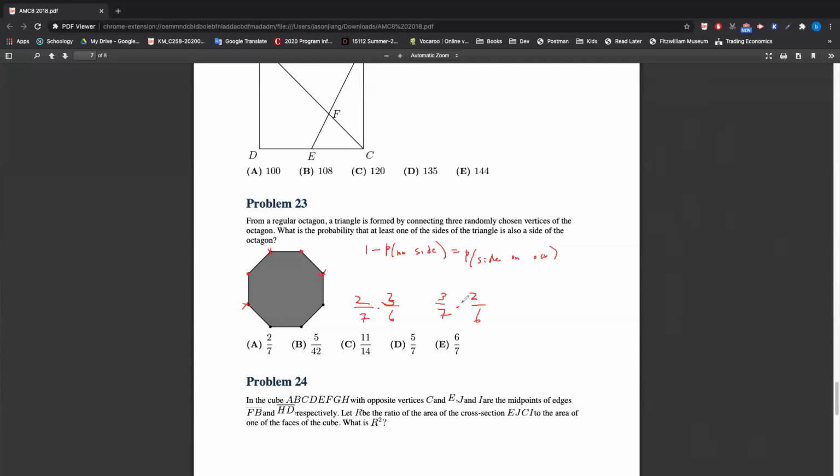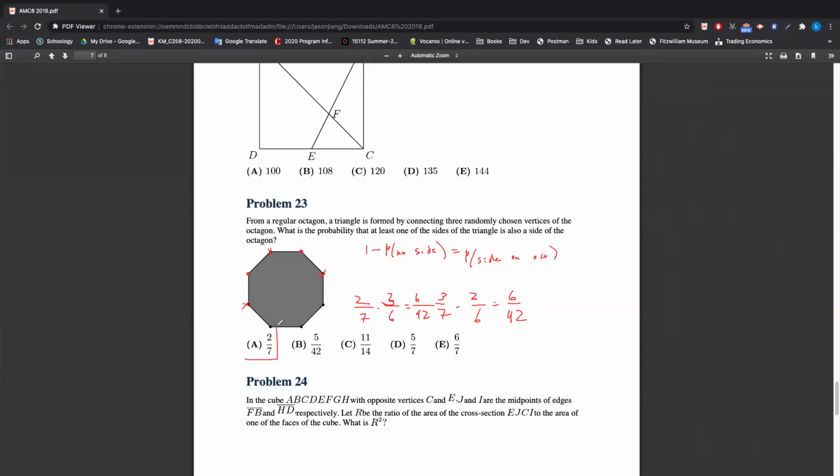Okay. So we have a 2/7 chance to get a 3/6 chance, and a 3/7 chance to get a 2/6 chance. So both of these actually multiply to 6/42. This is also 6/42. So we have 2/7.